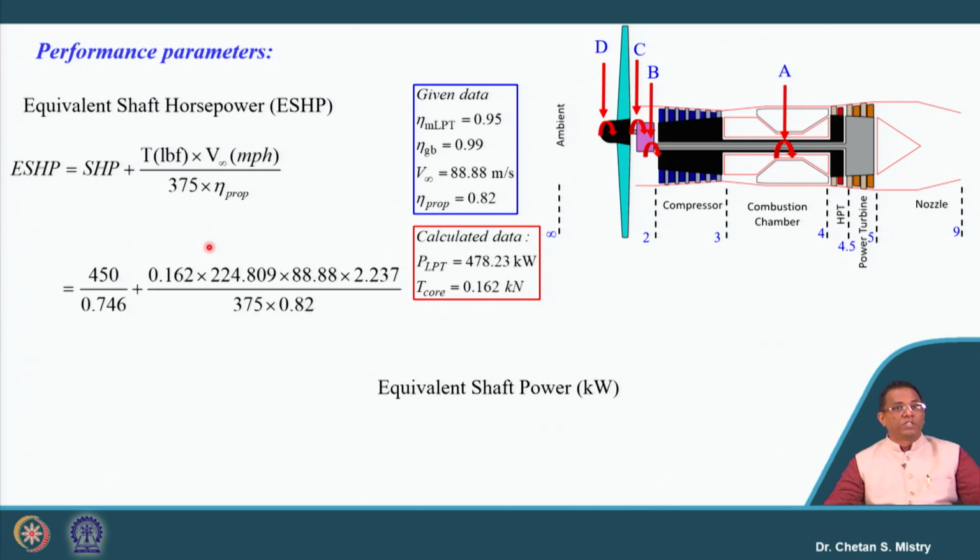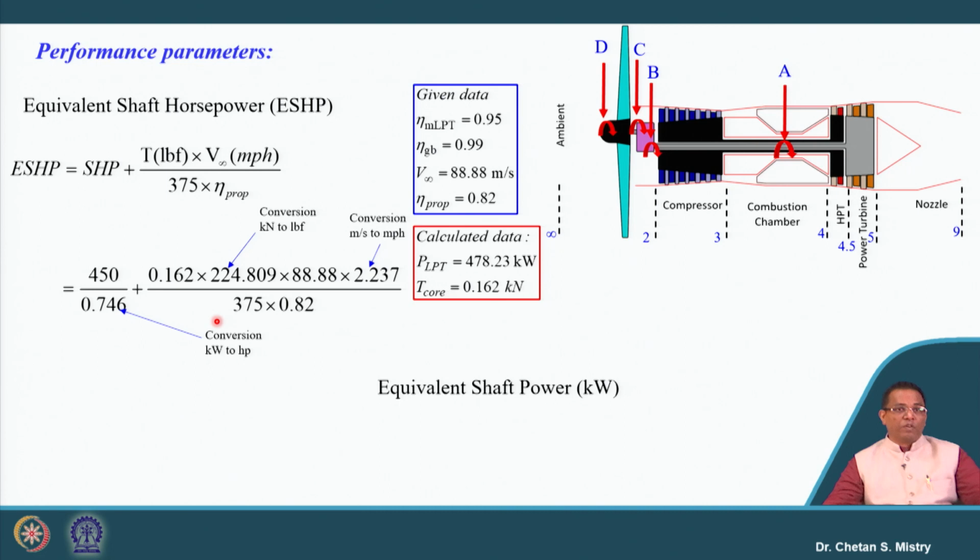So let's put these numbers. If we are putting these numbers, we have some different parameters. One of the parameters is to convert kilonewton to pound force. Same way meters per second to miles per hour. Okay, same way kilowatt to HP.